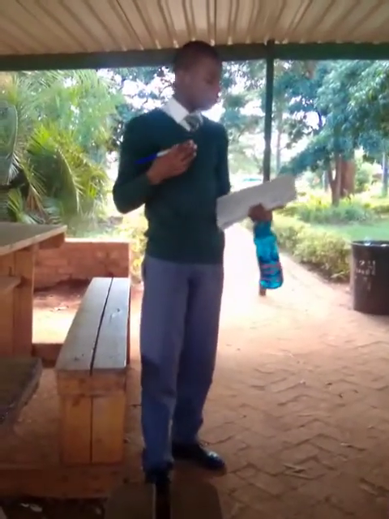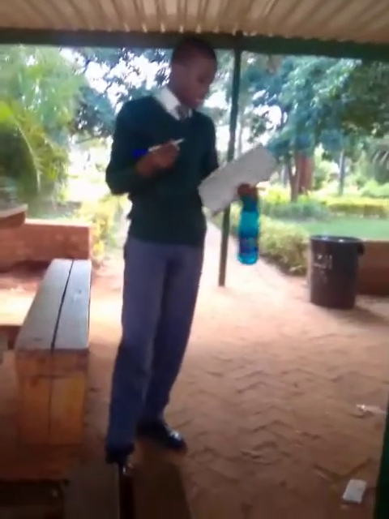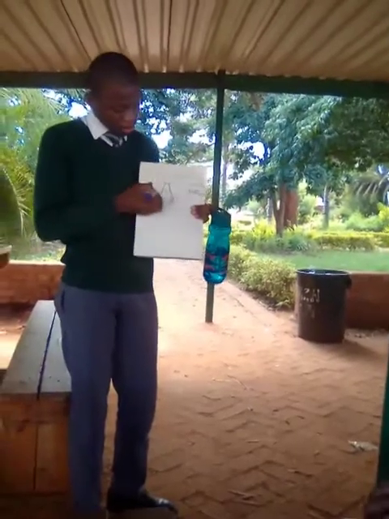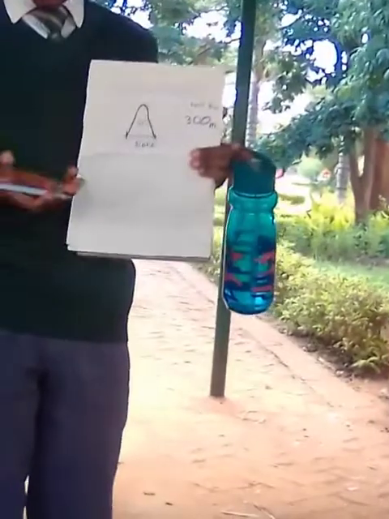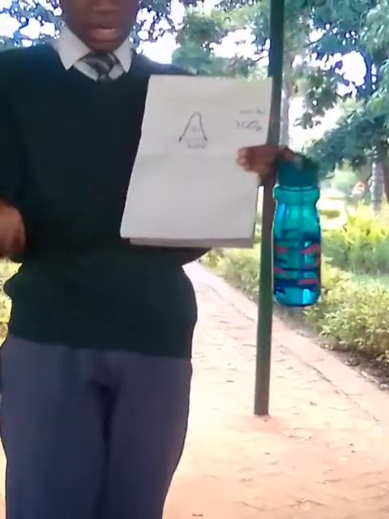A relief feature, as I stated before, is the physical appearance of a structure or of a natural structure. An example, this hill over here is called a relief feature. There might be a dam, it's a relief feature.